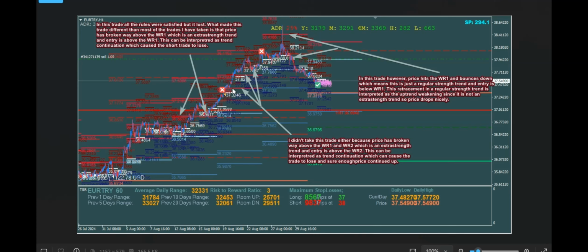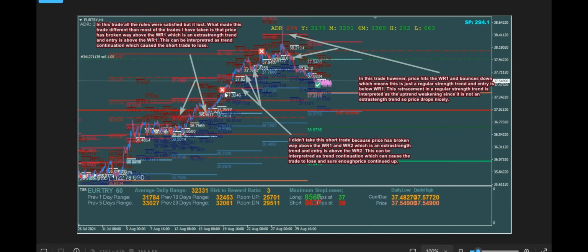Price breaks above the weekly R1, right? And another trade opportunity presents itself here. I have written here, I didn't take this short trade because price has broken way above the weekly R1 and weekly R2, which is an extra strength trend, and entry is above the weekly R2.